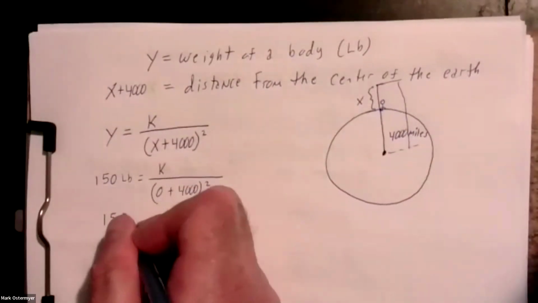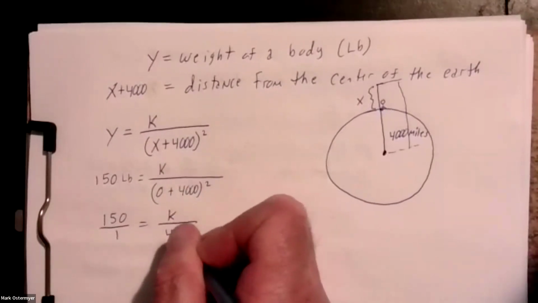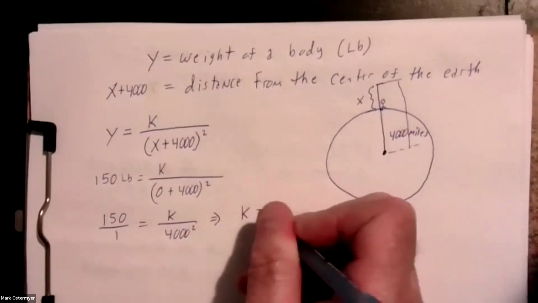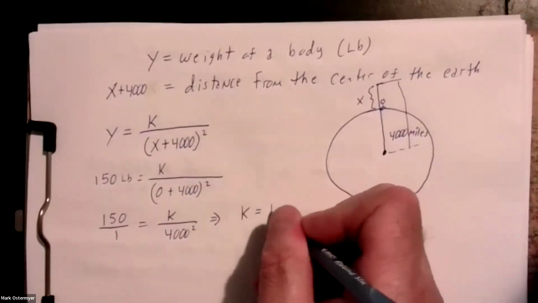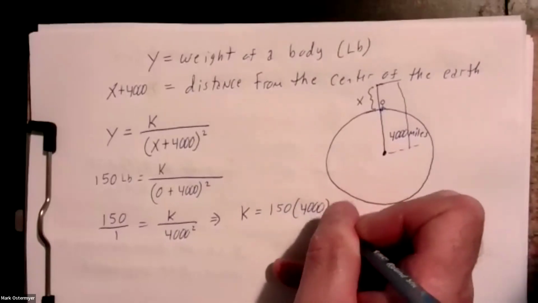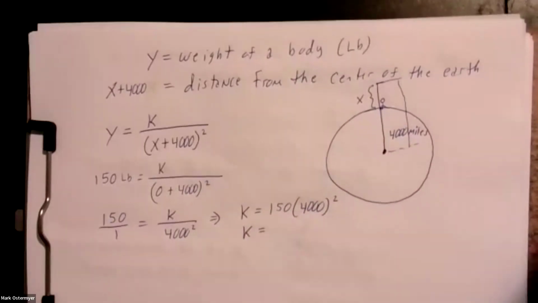So what we got is a proportion here. 150 over 1 is equal to K over 4,000 squared. This implies then that K is really going to be equal to 150 times 4,000 squared. So K is going to be kind of a big number here.